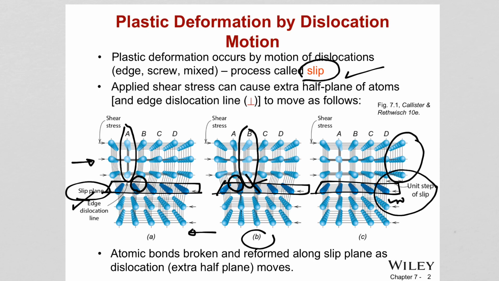I need to mention, which is important, that the applied shear stress should be sufficient to start this motion. So there is a magnitude of shear stress that will start the dislocation motion, that will start the deformation. Remember, we called this yield strength.